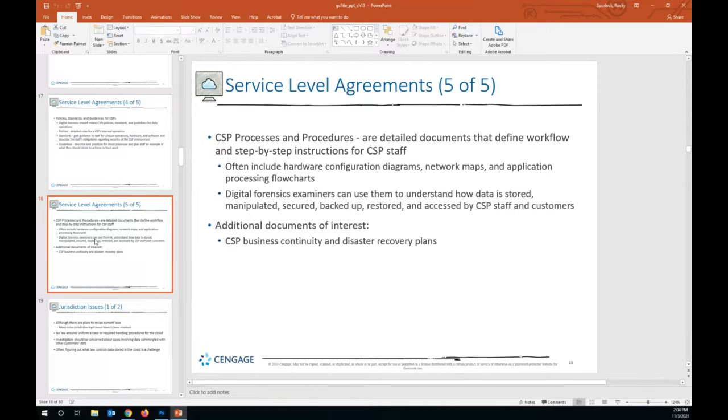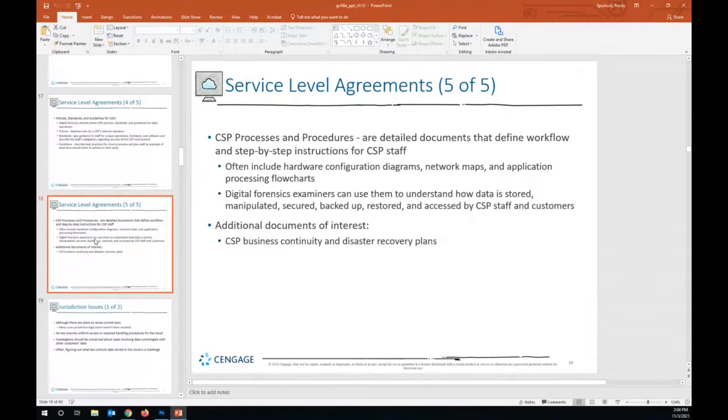Process and procedures are detailed documents that define the workflow and step-by-step instructions for CSP staff. These will often include hardware configuration diagrams, network maps, and application processing flow charts. As a forensic examiner, you can use those to understand how the data is stored, manipulated, secured, backed up, restored, and how it's also accessed by CSP staff and customers.